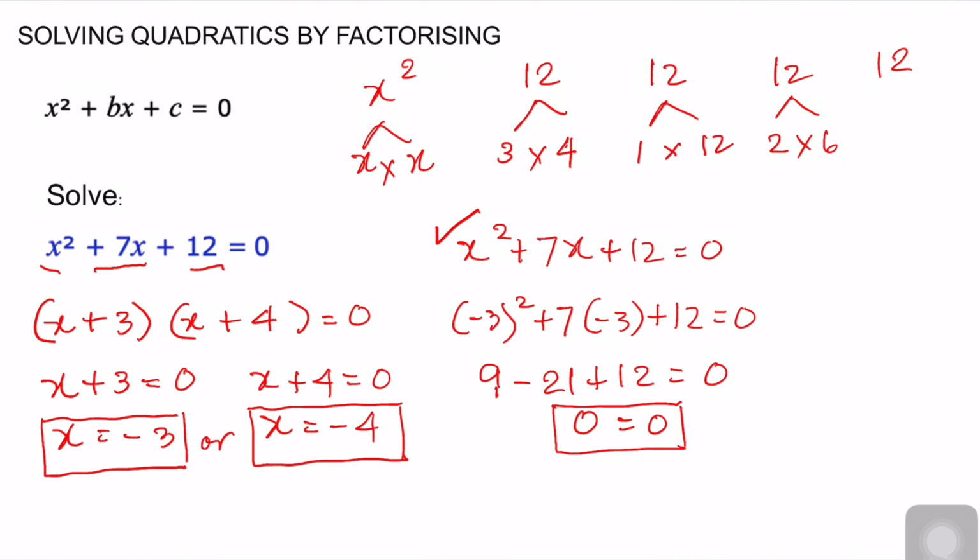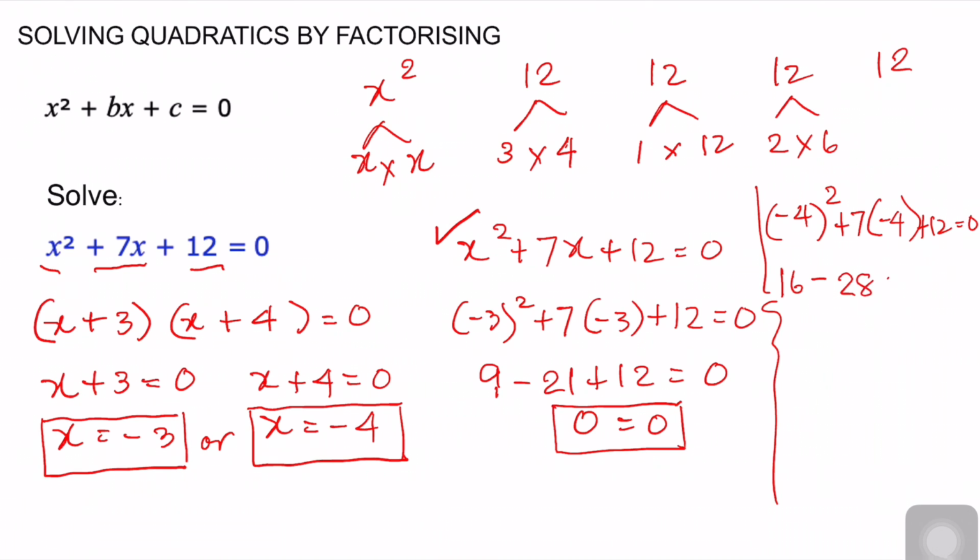The next one we have is negative 4. Negative 4 squared plus 7 times negative 4 plus 12 equals 0. Negative 4 times negative 4 is 16, plus 7 times negative 4 is negative 28, plus 12 equals 0.